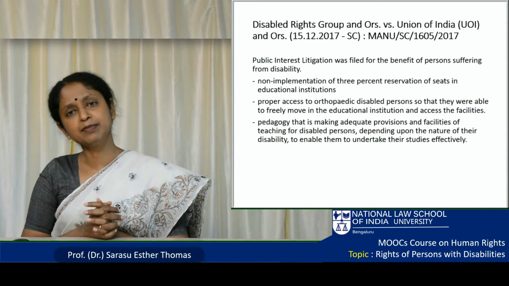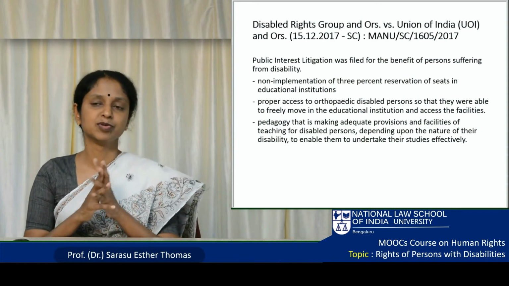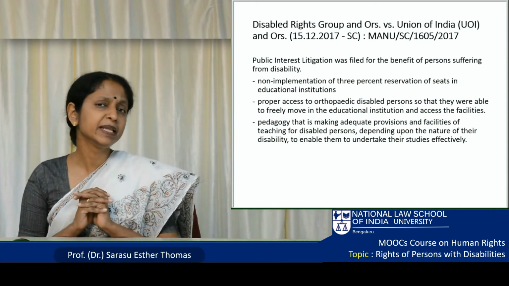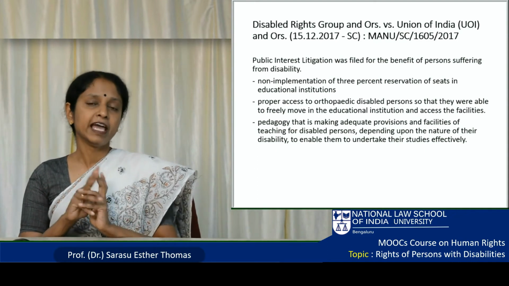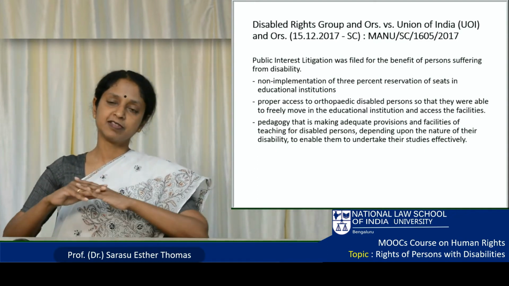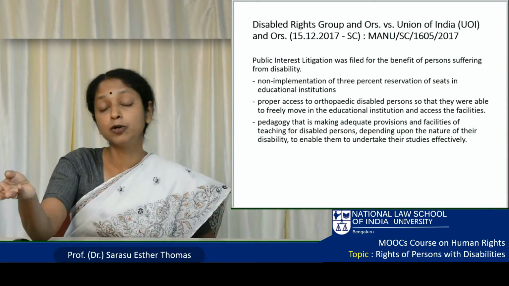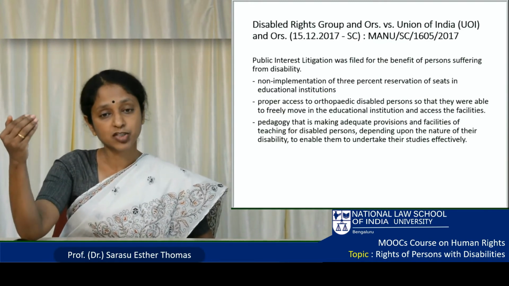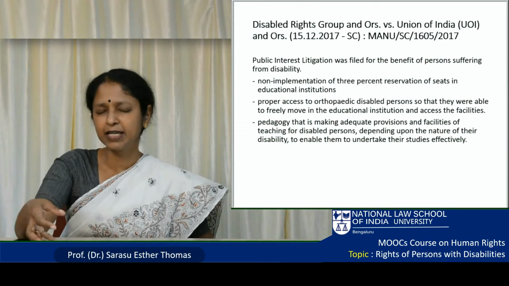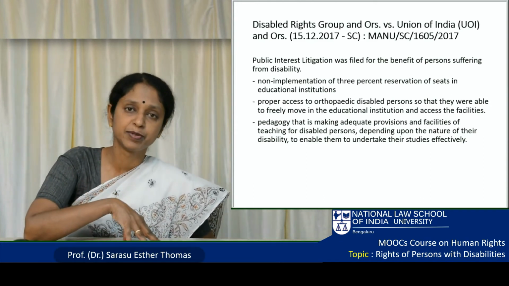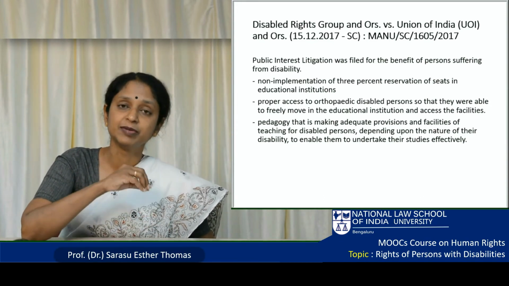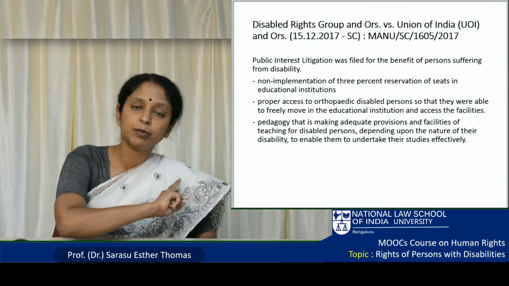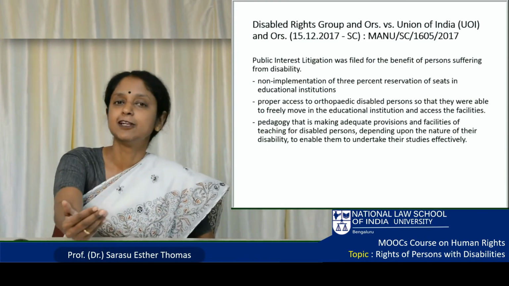So we see that sometimes, as in the previous case that was on the previous slide, there have been cases filed by NGOs working on rights of persons with disabilities to the court, requesting the court to follow up and to make sure that the schemes, the laws that are in place for persons with disabilities are actually being implemented. So having the law is one thing, implementing the law is another.